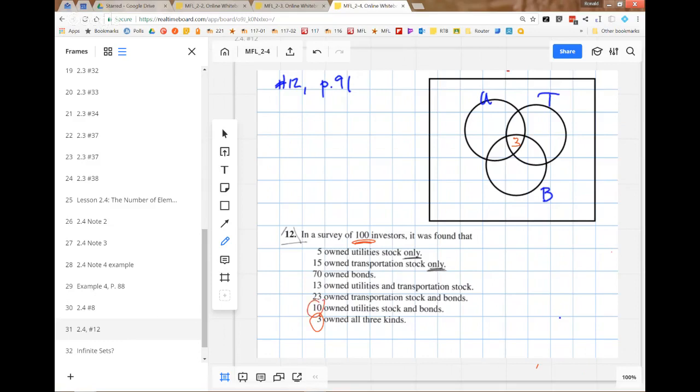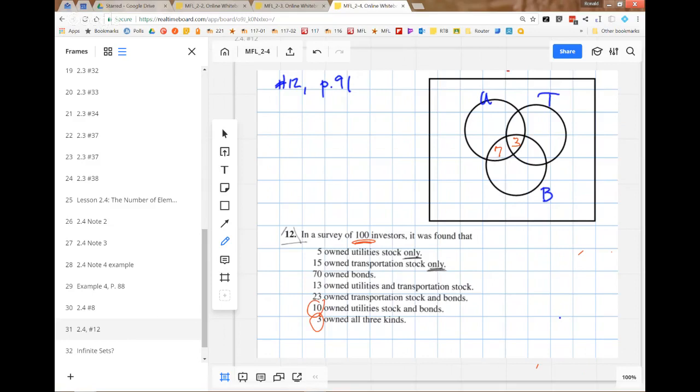Then 10 owned utilities and bonds. Let me just, maybe I went too fast, but do you see where utilities and bonds intersect? Yeah. So I had to have that total 10, so that meant that had to be a 7.